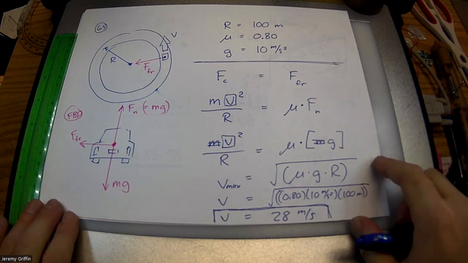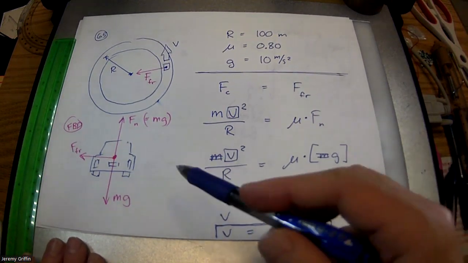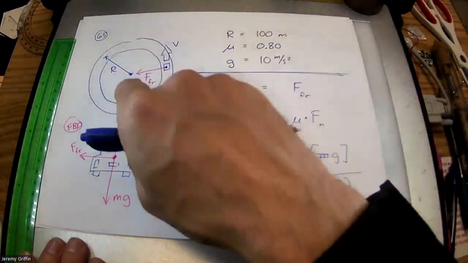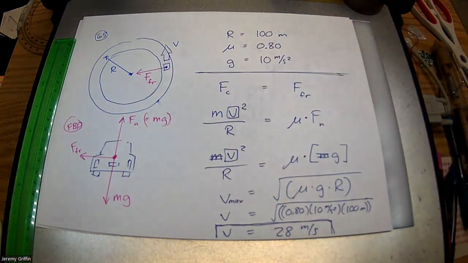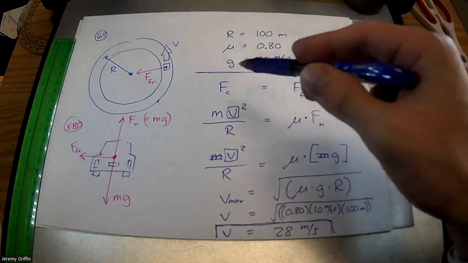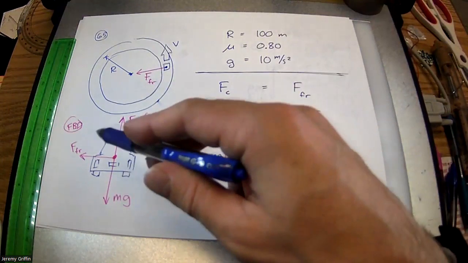All right, so while you guys are digesting that, let's recap that problem. This car's going around a curve, and the question was how fast can the car go? They told you the size of the curve and also the coefficient of friction between the tires and the road. It turns out that's all you need, as long as you know what planet you're on. So I said the centripetal force is provided by the friction. Overhead, it looks like that. From behind, it looks like that.